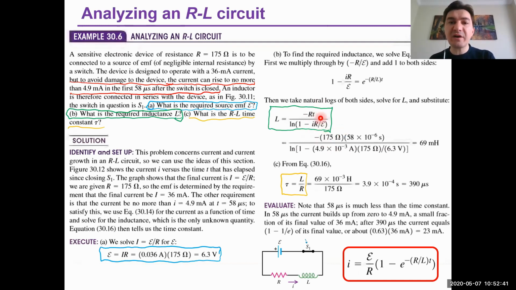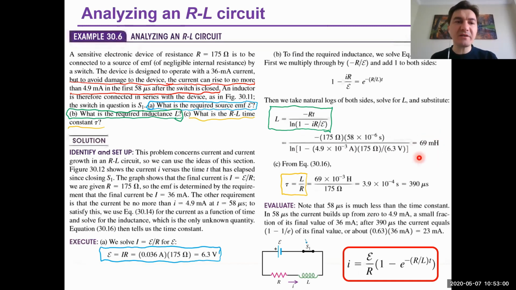So instead of time here, just put 58 microsecond. Instead of current at that time, just put 4.9 milliamp. Then finally, we can calculate inductance as 69 millihenry.